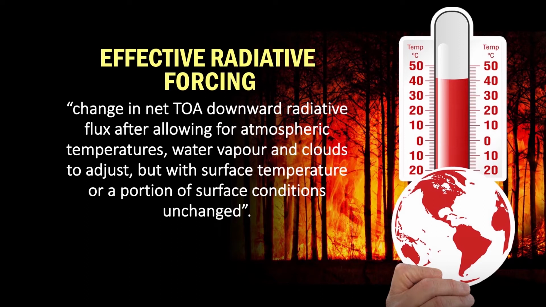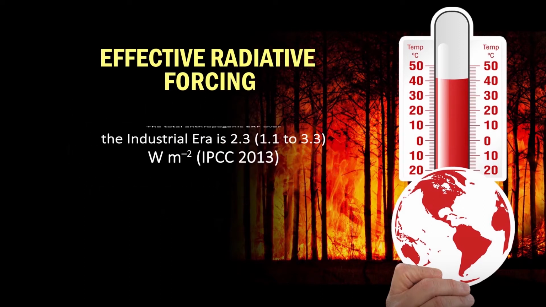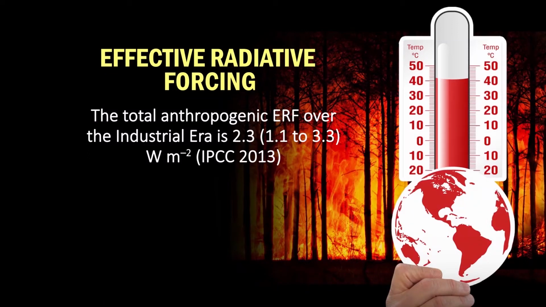So the total anthropogenic effective radiative forcing over the industrial era, if you look at it, is around 2.3 watts per meter square. It's a significant amount, because that's how we have quantified the human actions. It's coming to the tune of 2.3 watts per meter square.